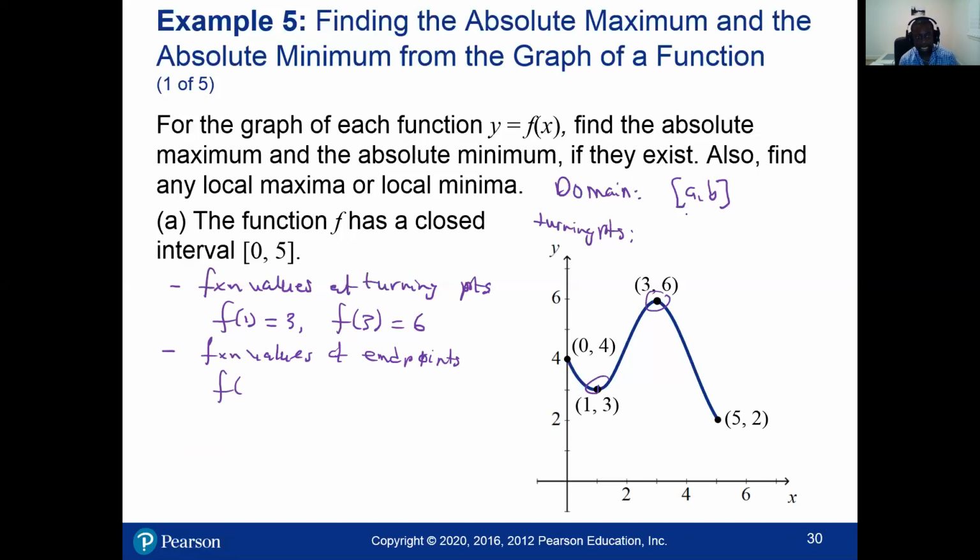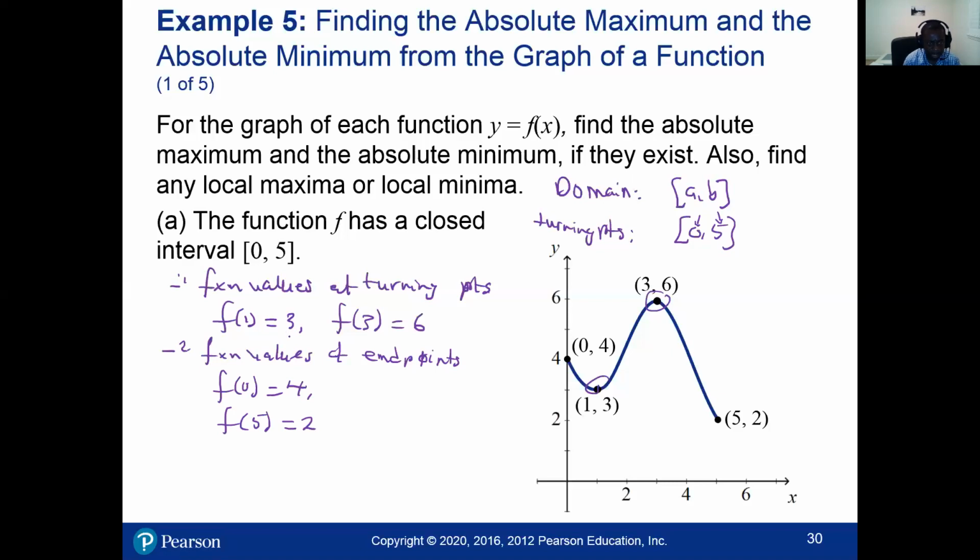What's my a in this case? This is the interval 0 to 5, so my a is 0 and my b is 5. So f of 0 in this case is 4, and f of 5 is 2.